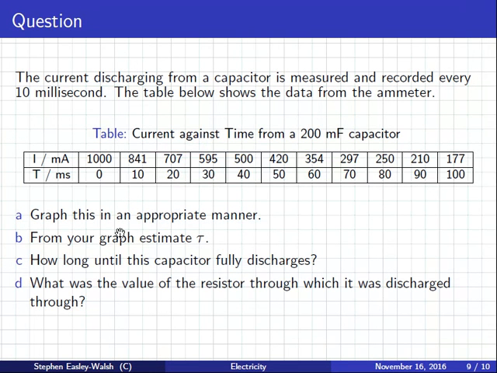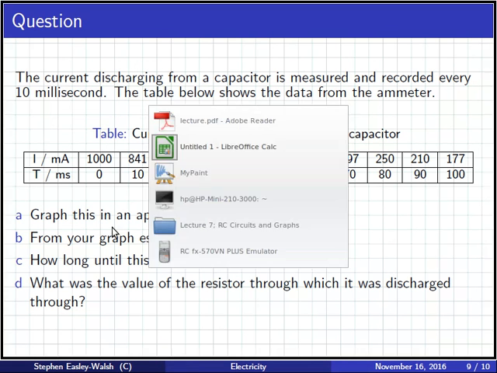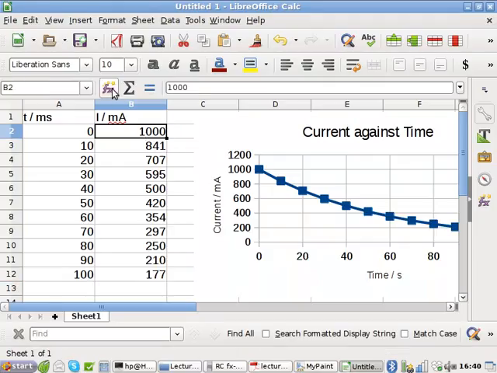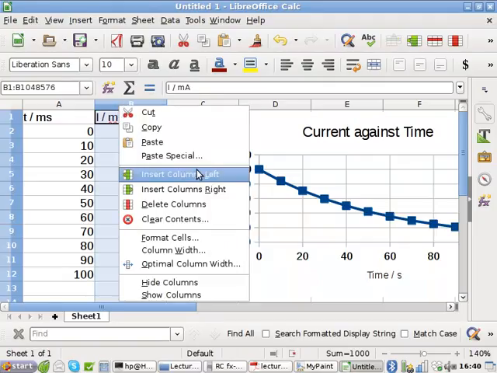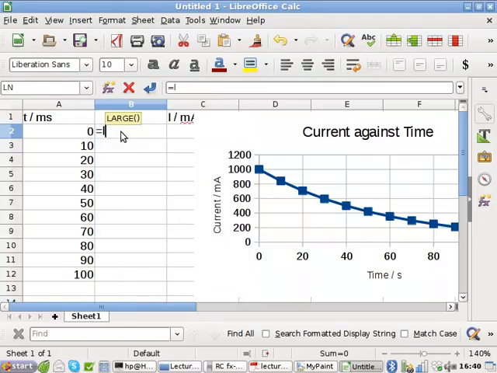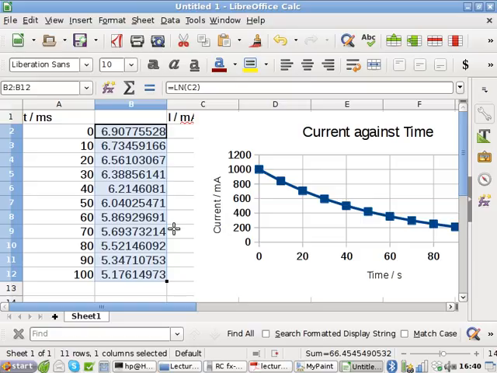Graph this. Do I graph the I or the log I? Log I you should graph. Okay, so let's graph the log I. So I'll just need to calculate the logs now. So log of this thing. Let's calculate the logs. These are all the logs. Let me just delete that.